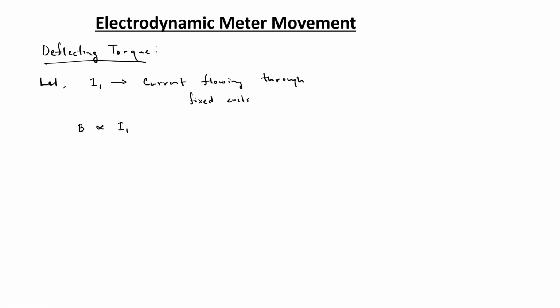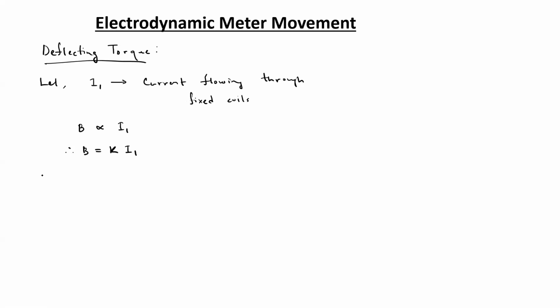Unlike the permanent magnet, which provides the magnetic flux lines, here the current flowing through the fixed coils is going to develop the magnetic field lines. So the magnetic flux density would be proportional to I1. Let us assume a proportionality constant and write it as k into I1.